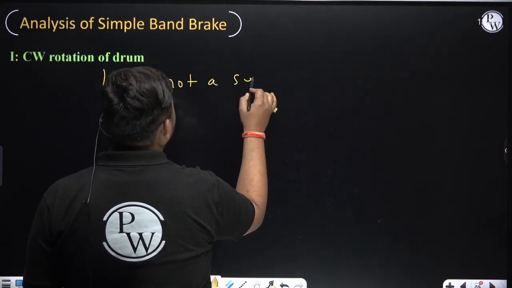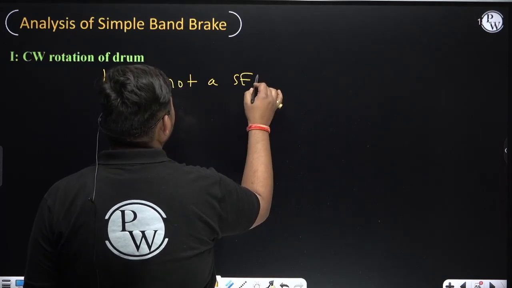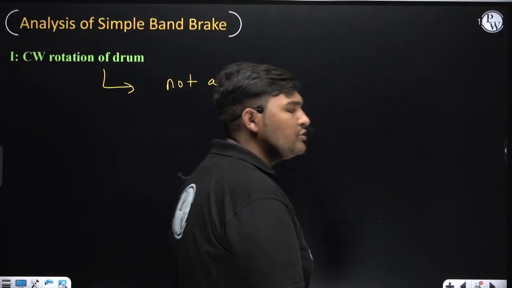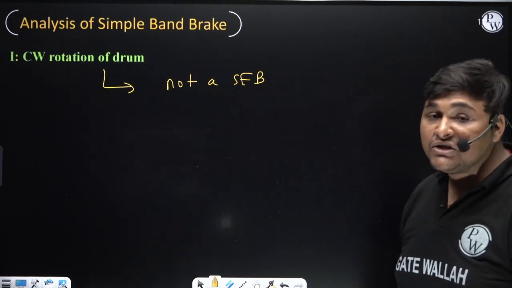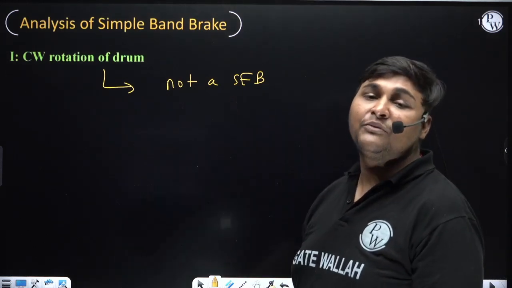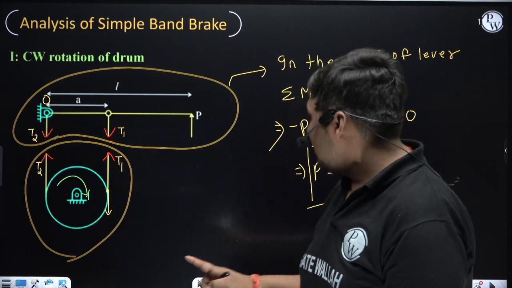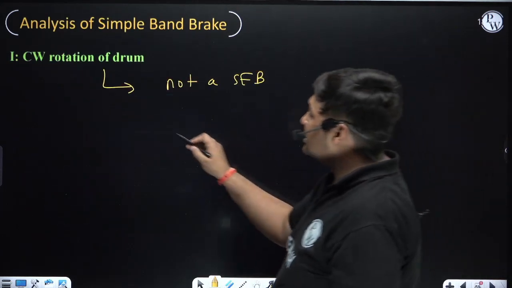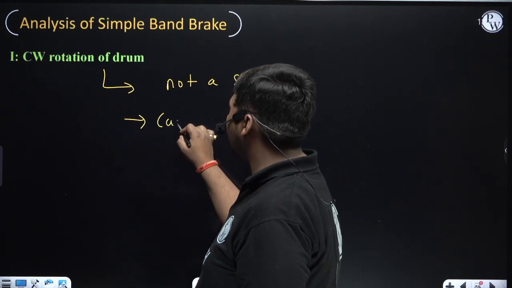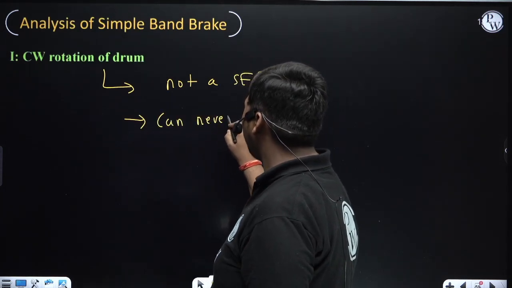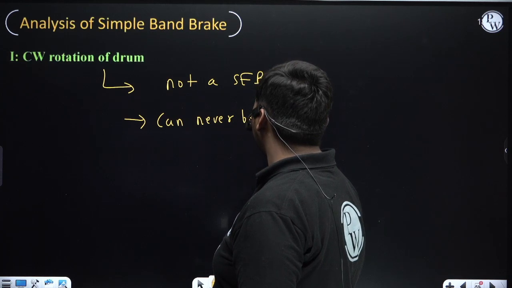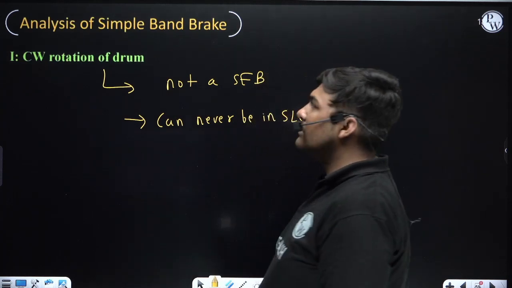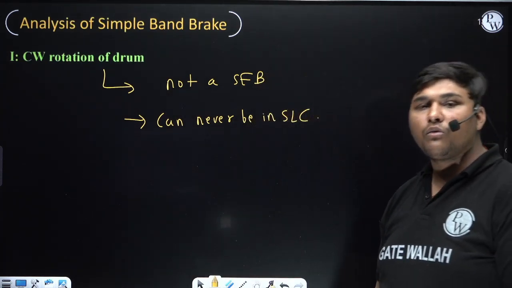And since it is not self-energizing, it will never go into self-locking condition, because P will never become 0 or negative, it will always be positive. So it can never be in self-locking condition.